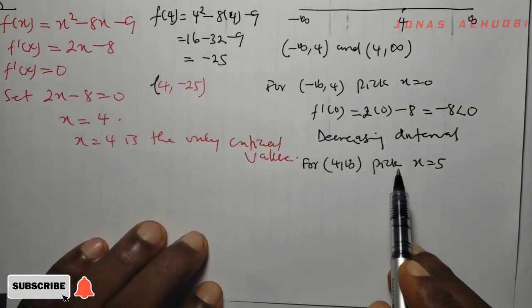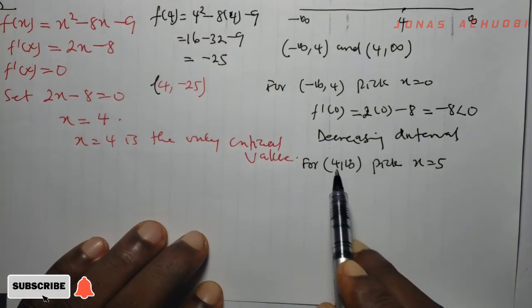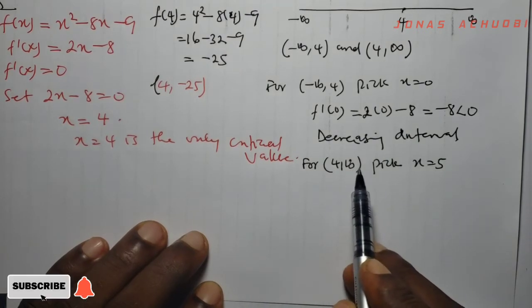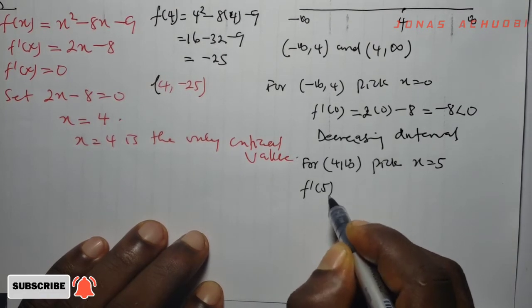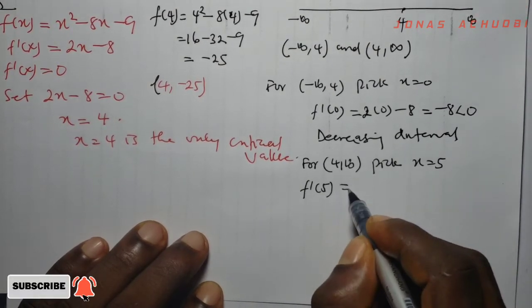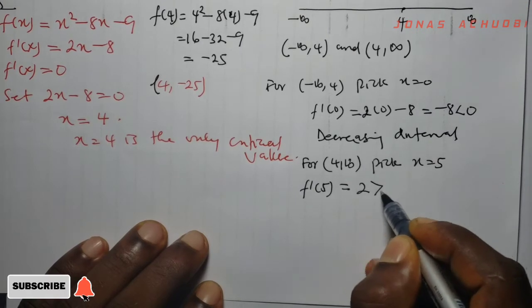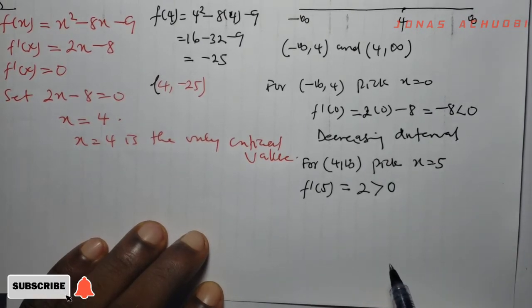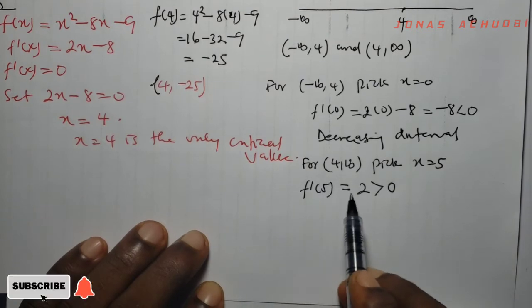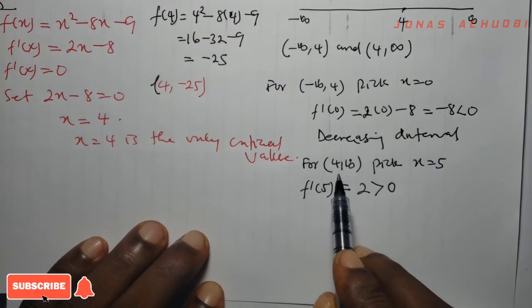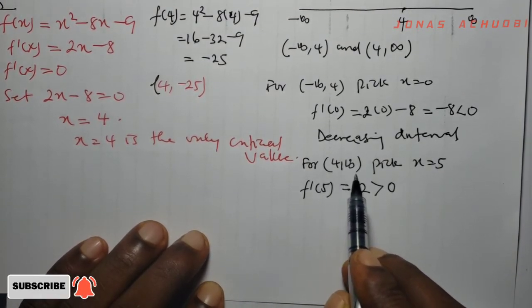So we pick x equal to 5 in the second interval, 4 to infinity. And if we do this, f prime of 5 will give us 2. And 2 is positive. So what do we conclude? We conclude that the function f of x is an increasing function on this second interval.